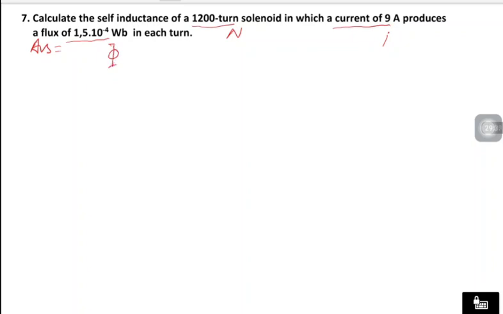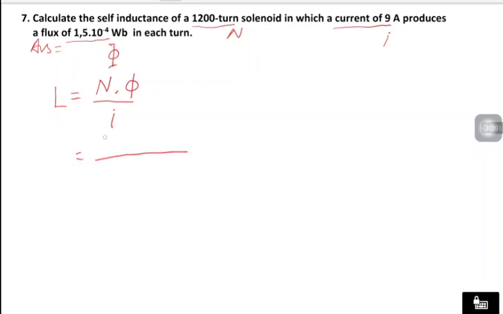With these symbols in the problem, we can write the formula of self-inductance: L equals N times flux per I current, so that we can calculate this value.